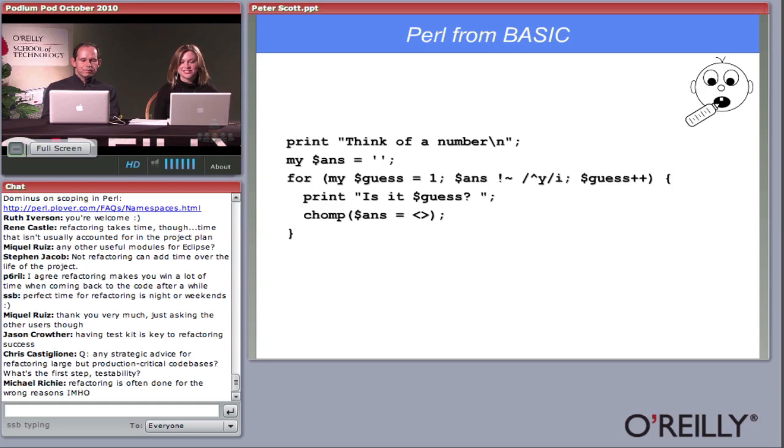I do have a question here from Chris. Any strategic advice for refactoring large but production critical code bases, and what's the first step? Testability. Absolutely, Chris. Testability, because when you use words like large and production critical, then knowing that it works, knowing that it's producing repeatable results is absolutely essential.